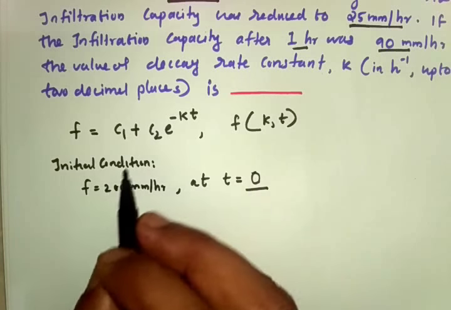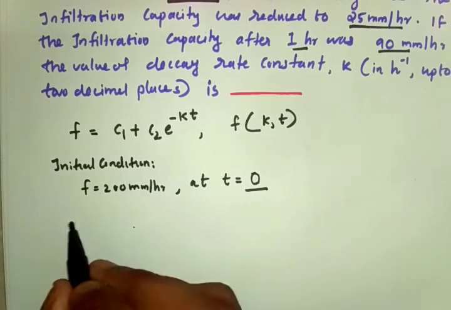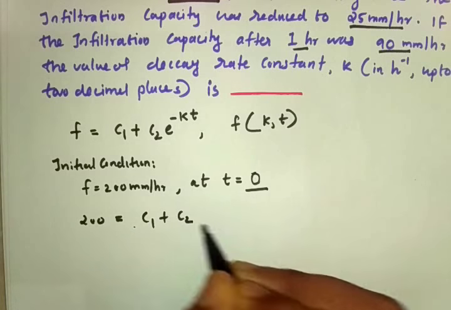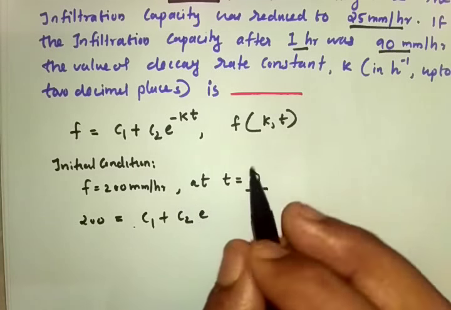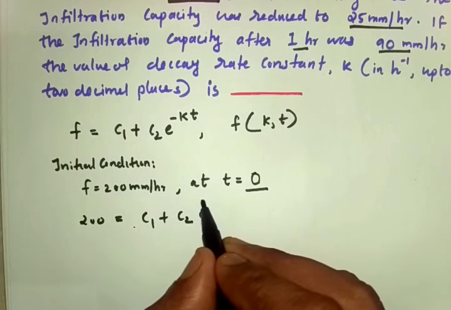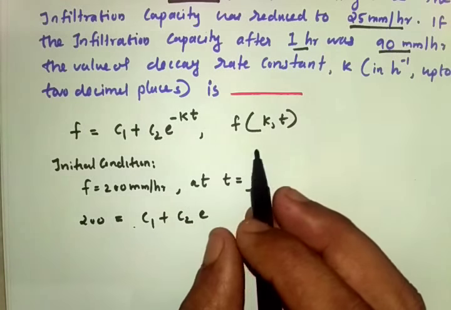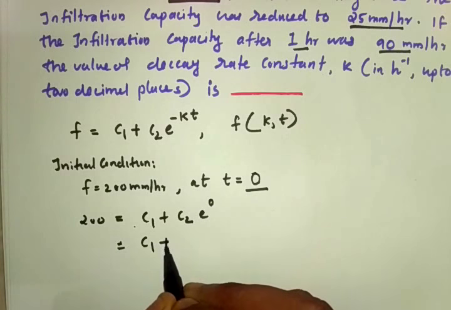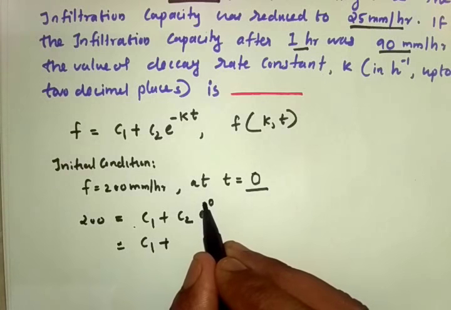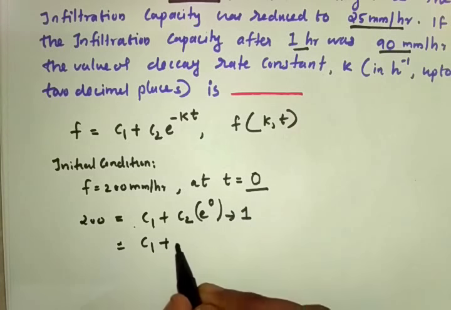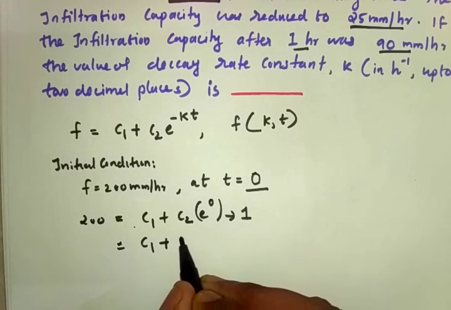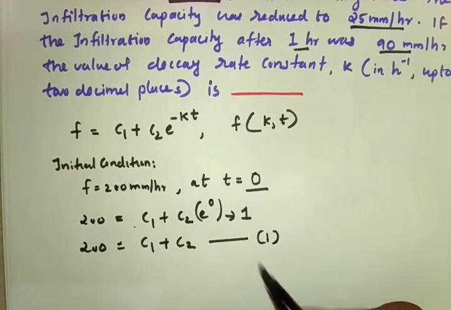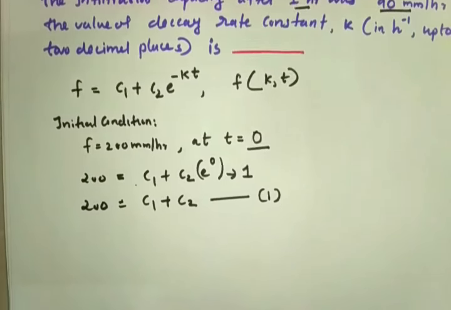Putting this in the equation, 200 = C1 + C2 e^(-k times 0). e raised to 0 is 1, so we have the first equation: 200 = C1 + C2.